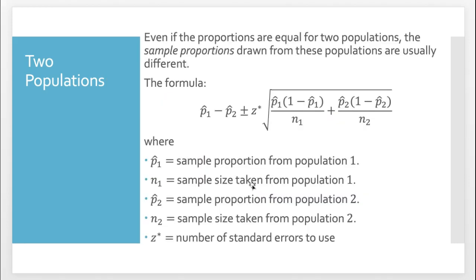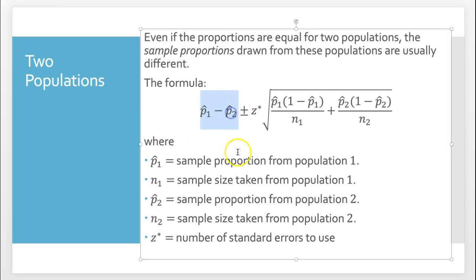As far as the formula goes for a confidence interval in studying 2 populations, we're examining the difference in proportions, so our estimate for that is the difference in sample proportions. The sample proportions are what we'll use to estimate the true difference in proportions.